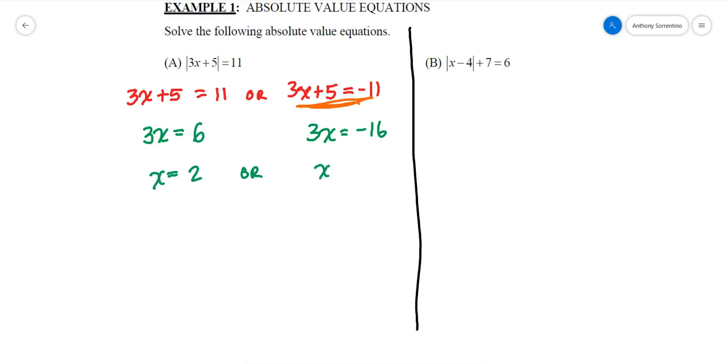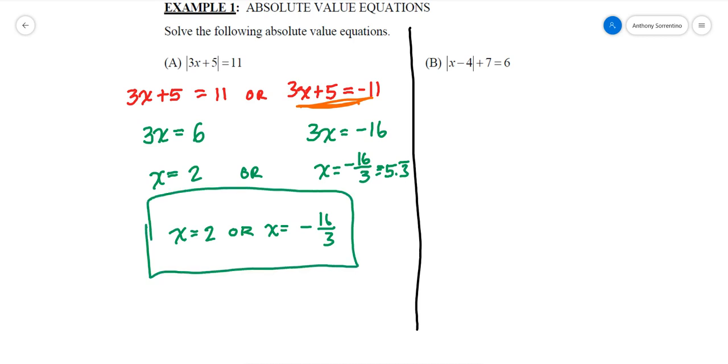Doing it on the right is a negative 16 thirds, which is pretty much the same as negative 5.3 repeating. So I could say that x equals 2 or x equals negative 16 thirds, and that would be my solution set.